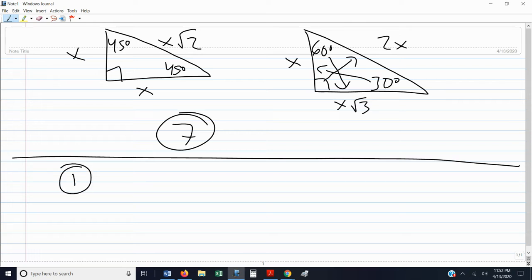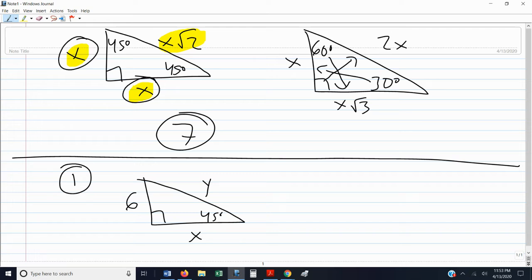So we will start with the 45, 45, 90. And I'm going to draw this example. This is 6, and this is x, and this is y. So the way that I like to start these problems is to just write in those side lengths. So for the 45, 45, 90, the legs are the same, right?